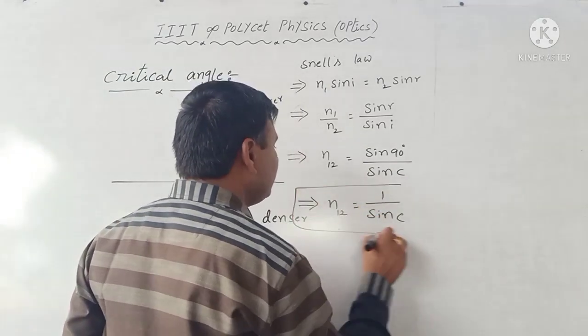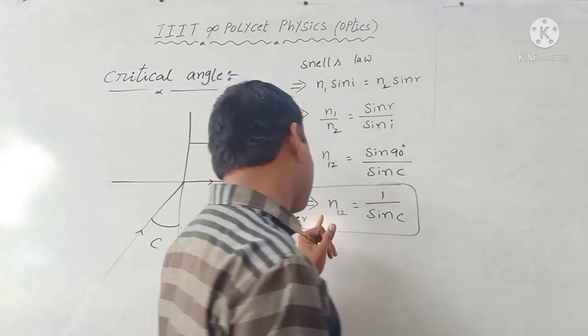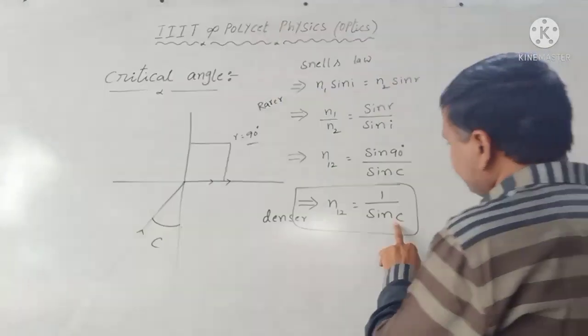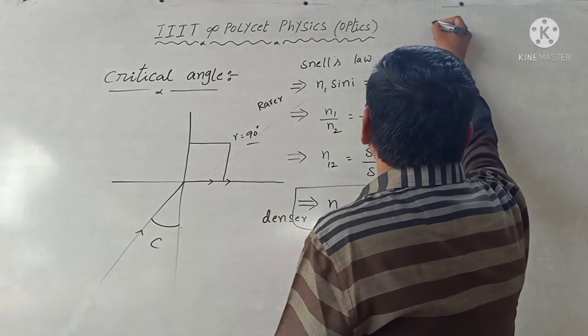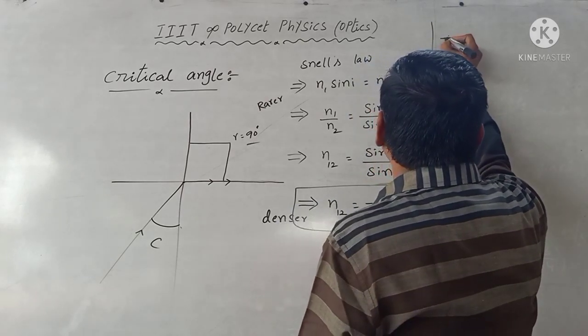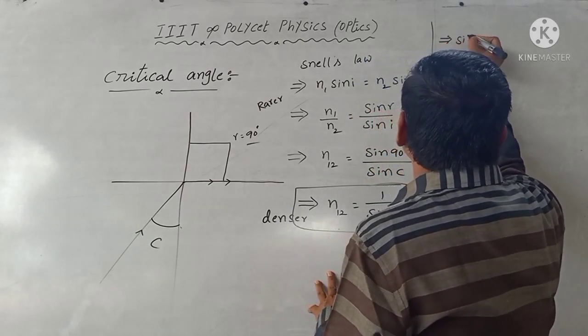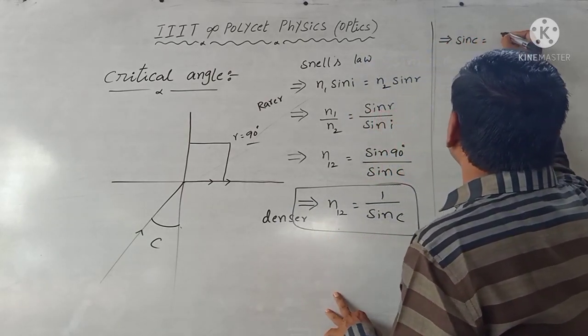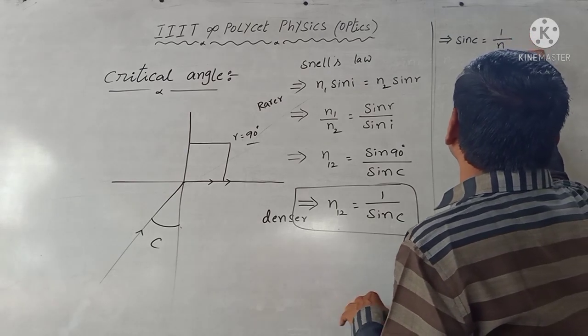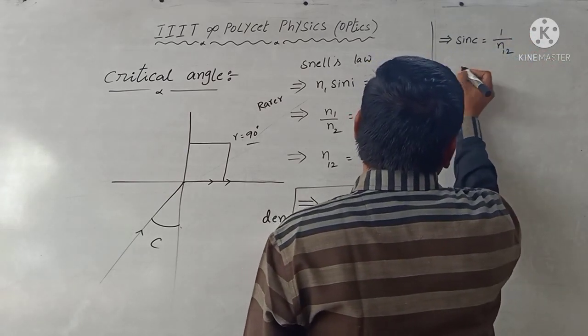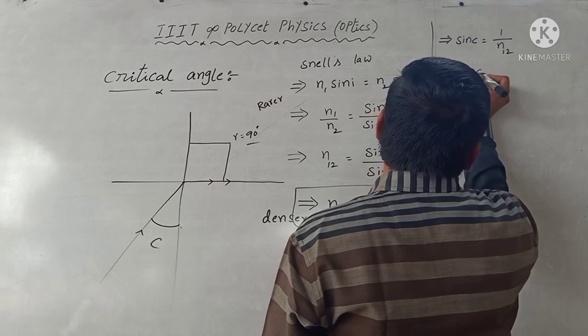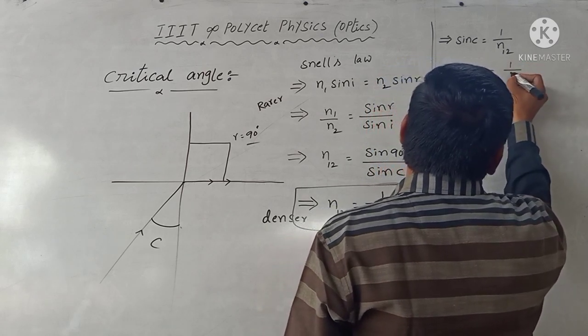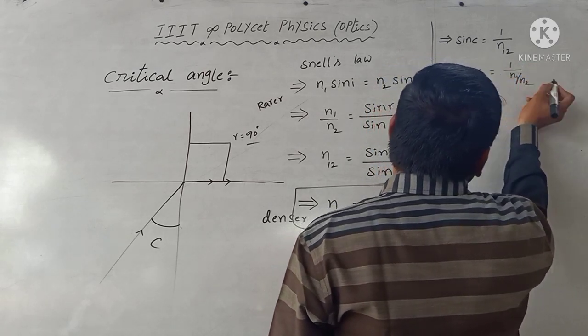So it is the formula. N12 equals 1 by sin C, that implies sin C equals 1 by N12. N12 means N1 by N2, so sin C equals 1 by N1 by N2.